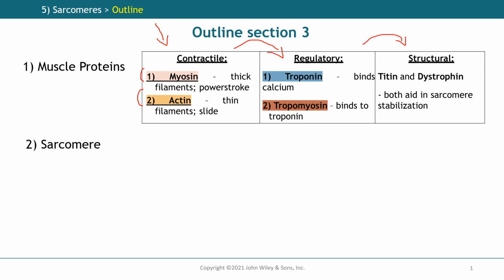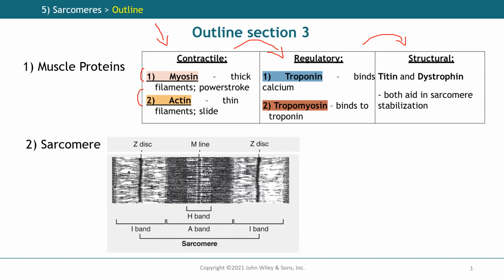Later, we are going to talk about sarcomeres. And sarcomeres, and here I'm going to show you this picture all the time, is just the unit of contraction. So all these proteins that we talked about in the beginning will be located here. And the reason they have these colors, this structure, is because the actin and the myosin and all these other proteins are located there in a very organized way.